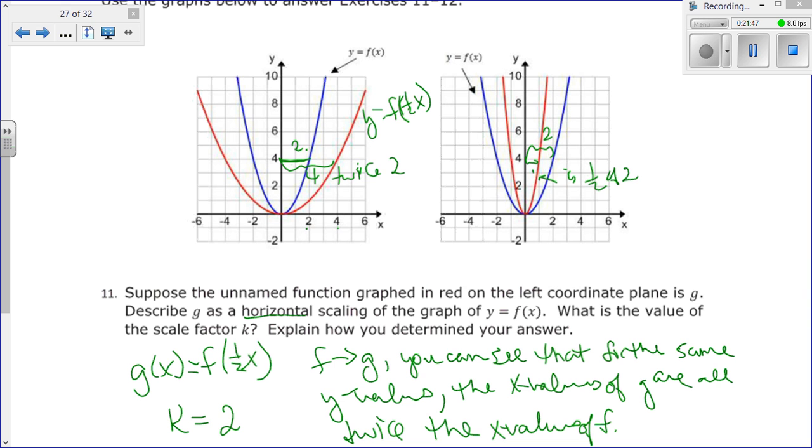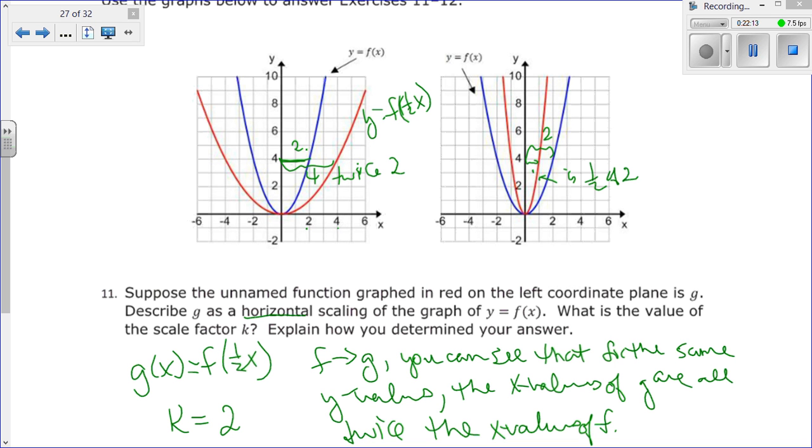So what we're doing from the blue to the red, blue is my original, so going from the blue to the red, I'm taking half of it.